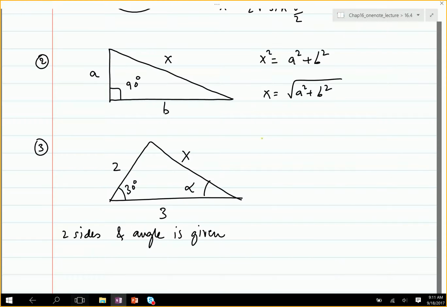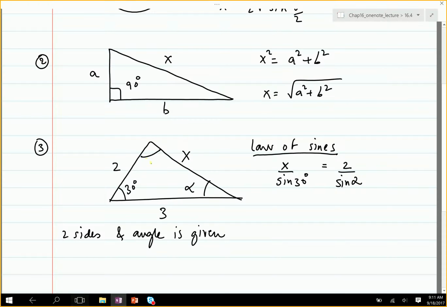Law of sines. So the law of sines states that, well, let's call this beta. I don't quite need that because that's going to be 90 minus the rest. So x divided by sine of 30 degrees, and the reason I did that is because the 30 degree angle is opposite to the side of length x, equals 2 divided by sine of alpha.